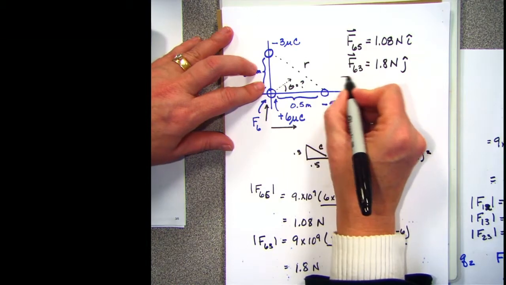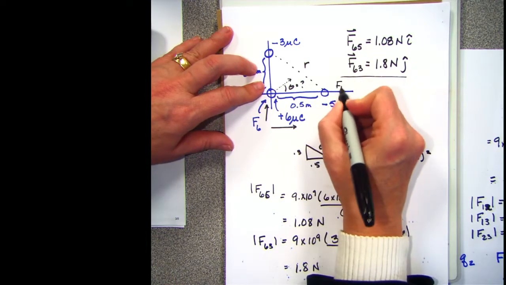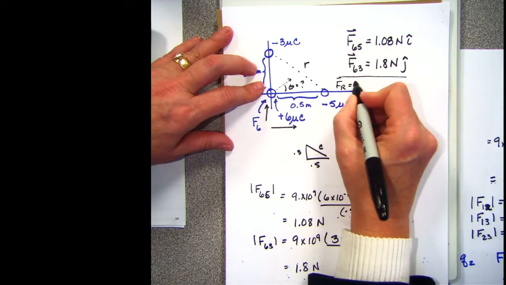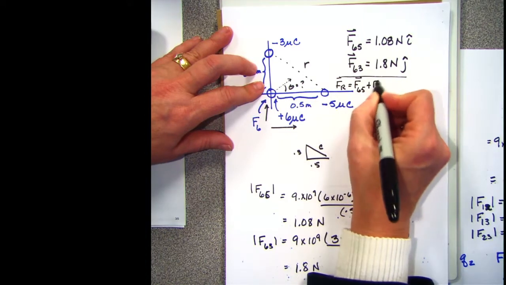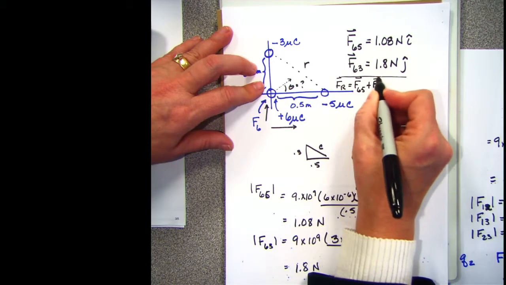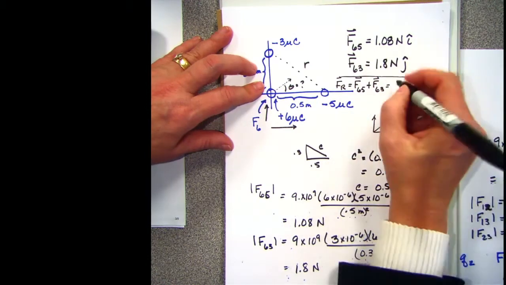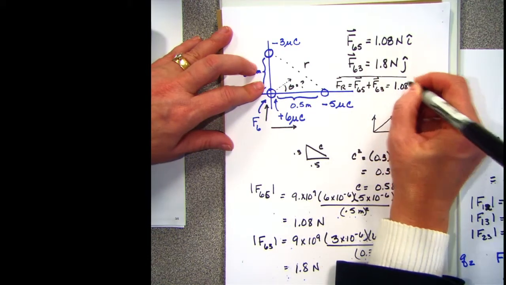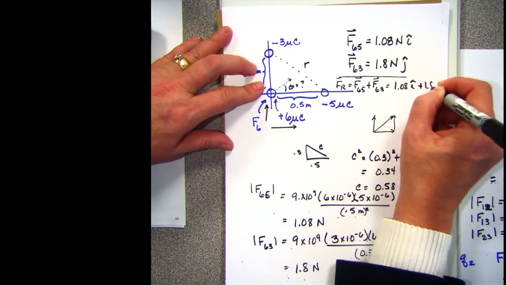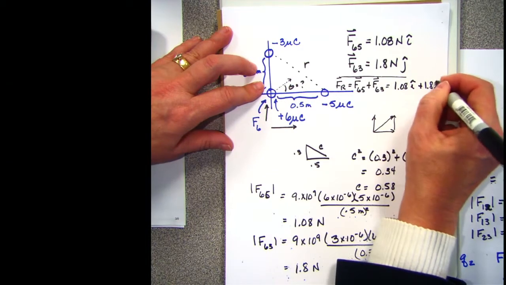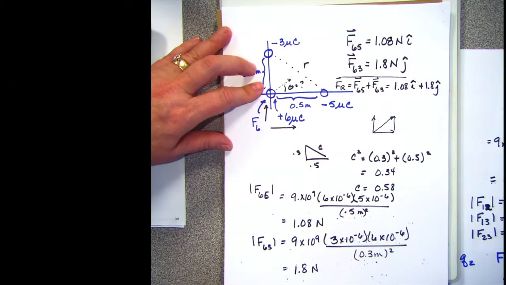My resultant force, remembering how we did it back last semester, I'm going to add these two vectors, and because these are in different components, I end up with 1.08 in the I direction plus 1.8 in the J direction. So now I actually have the vector representation of that vector.